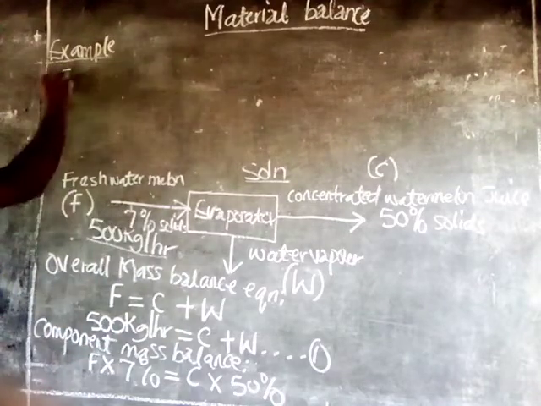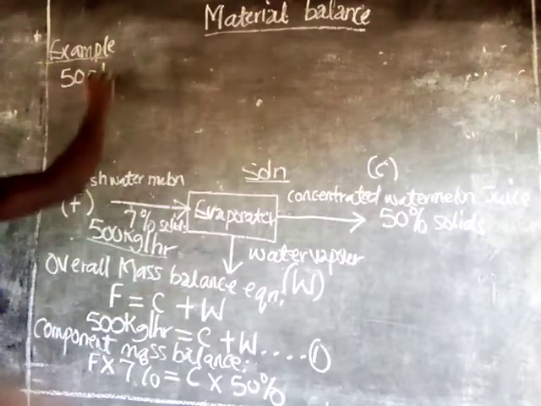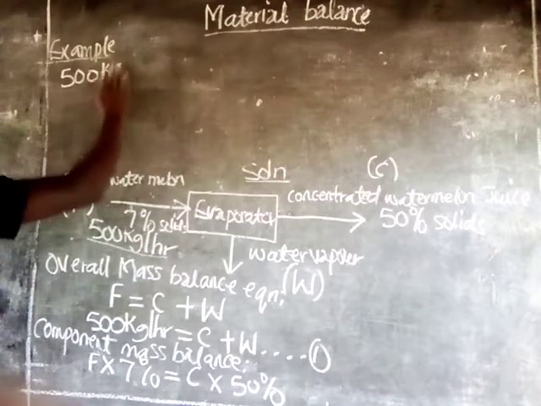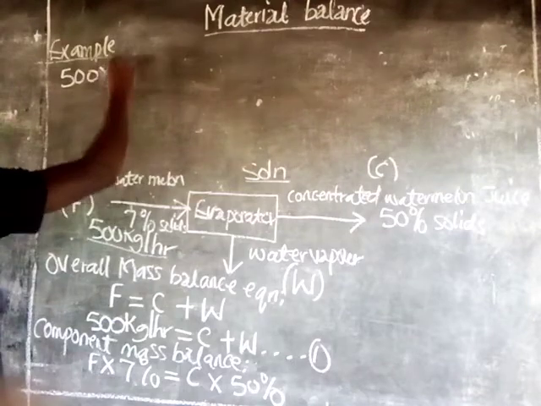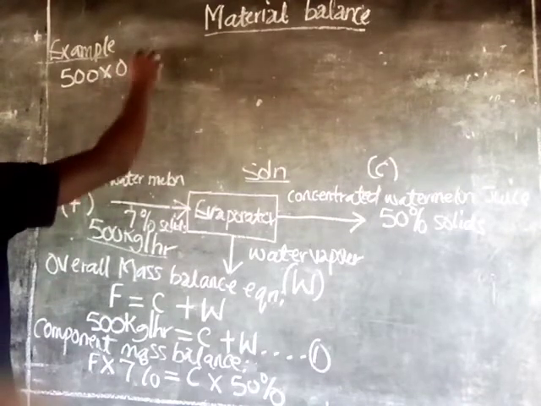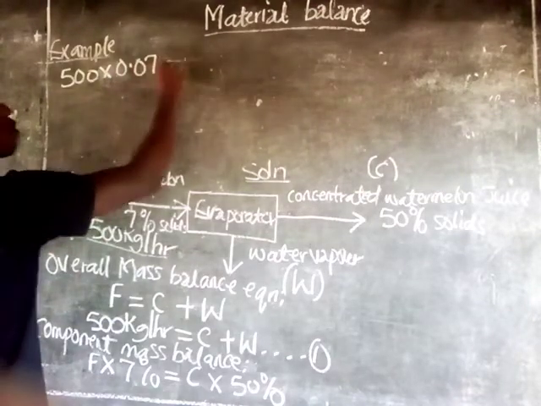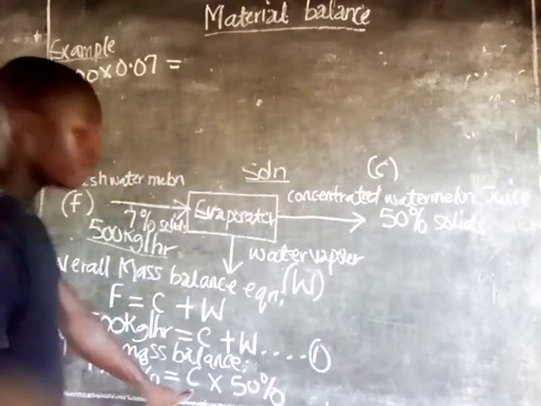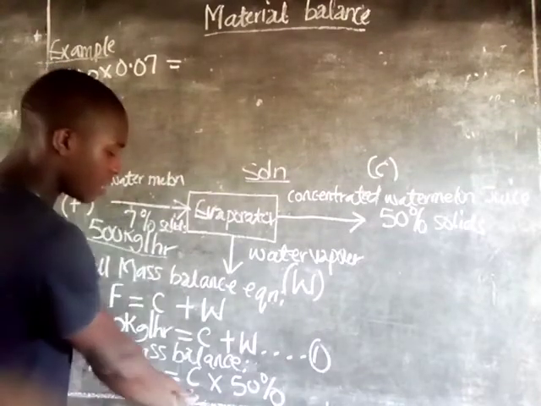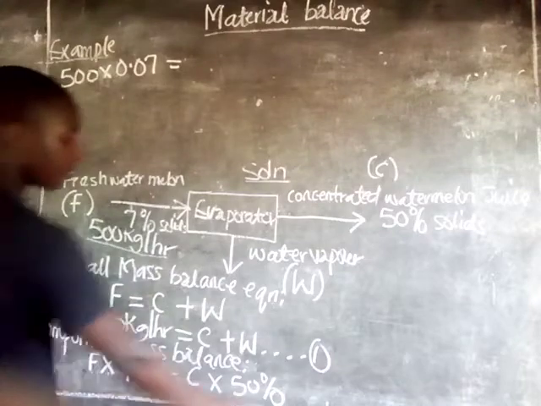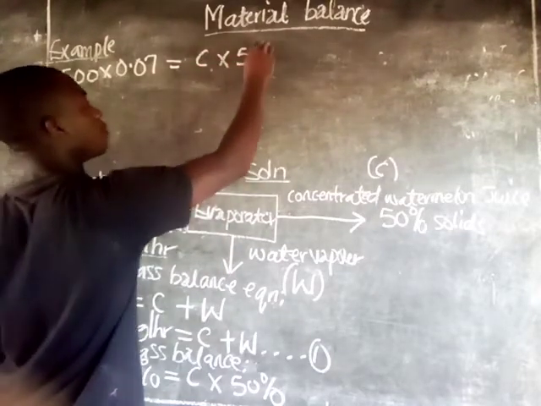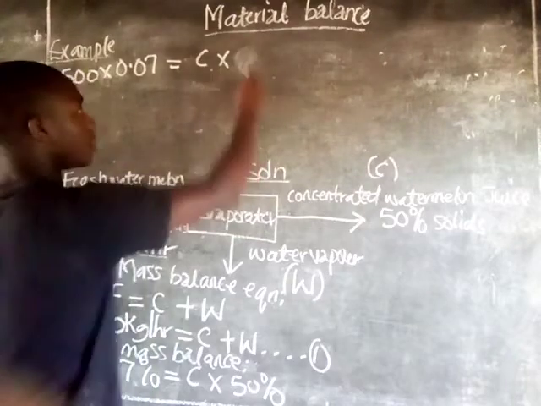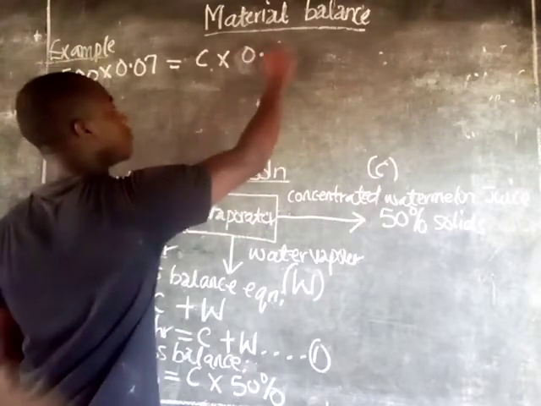So we have 500 times 7%, that is 0.07, is equal to, now C, we don't know the mass, so now C times 50%, that is 0.5.